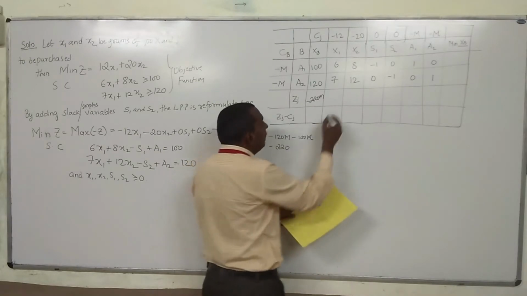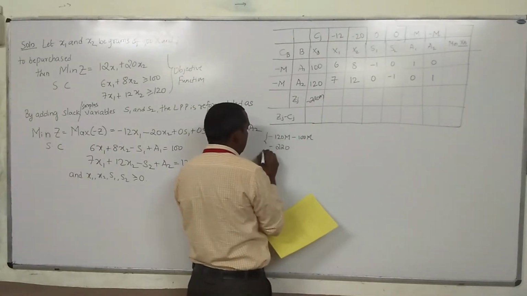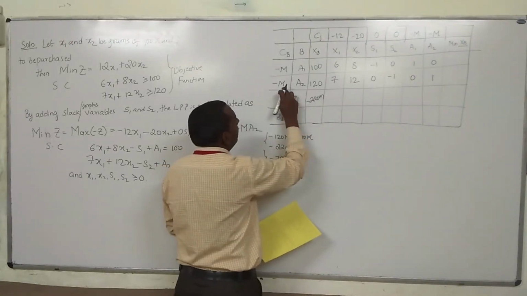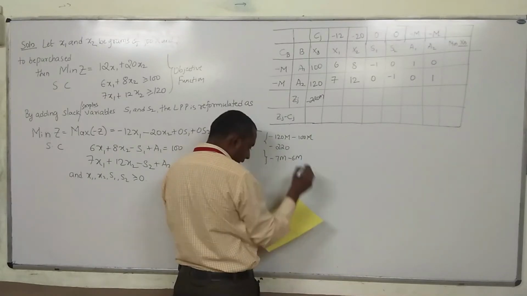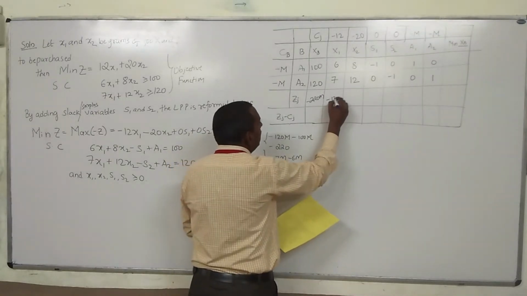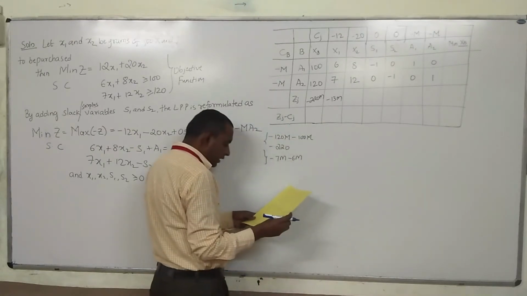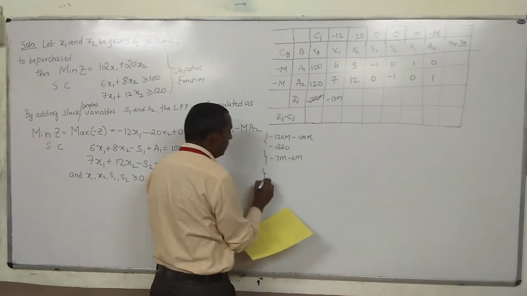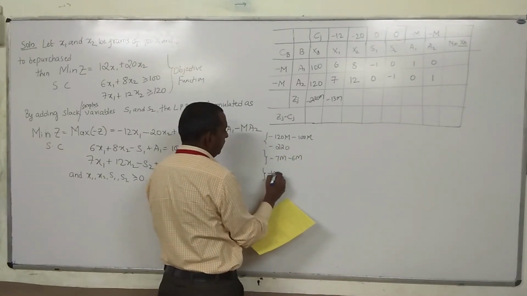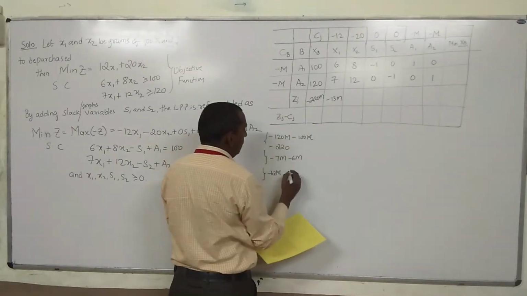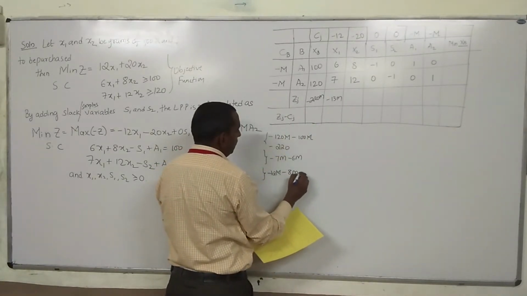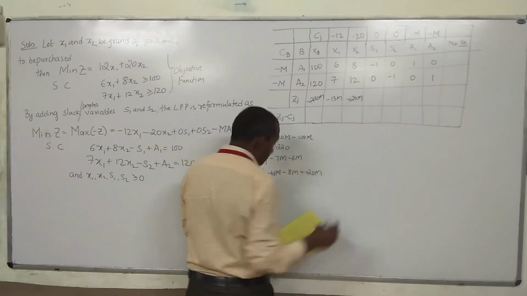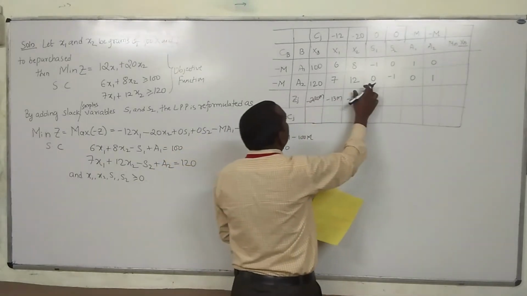Next one is minus 7M, then minus 6M, that is minus 13M. Then the next one is 12M minus 12M minus 8M, that is minus 20M. Followed by M into 0 is 0.